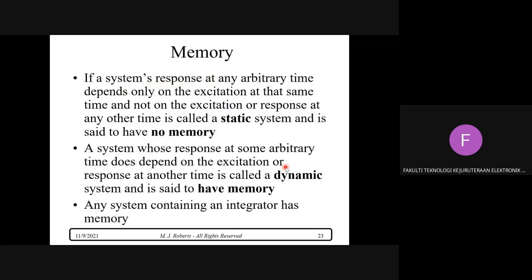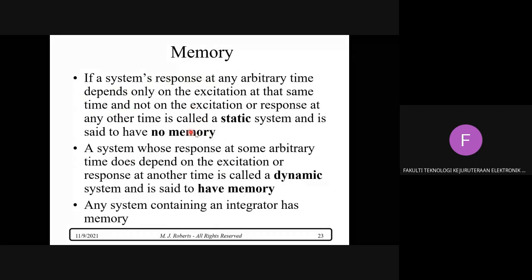Okay. So, then systems with memory. If a system response at any arbitrary time depends only on the excitation at the same time, that is the present time, and not on the excitation or response at any other time, it is called a static system and is said to have no memory, or memoryless.